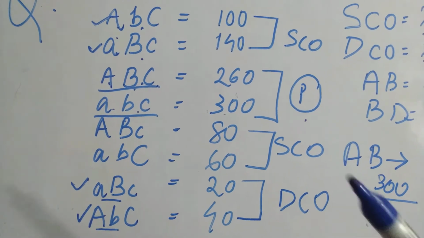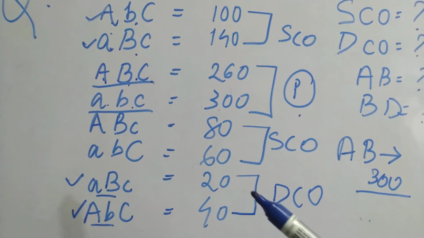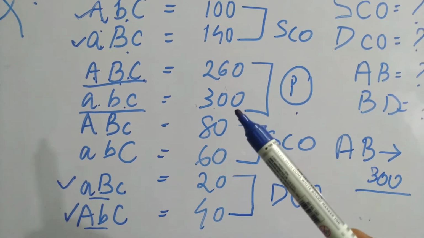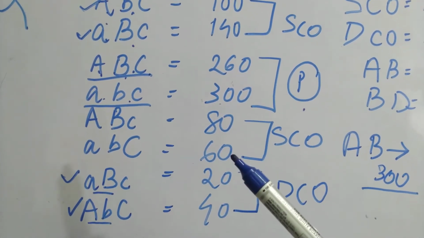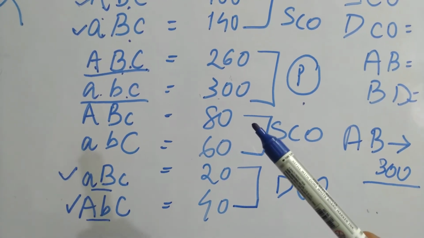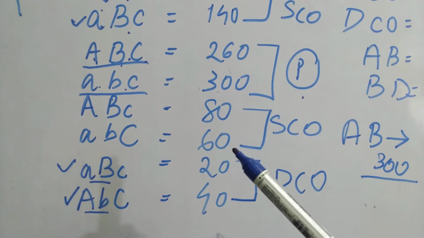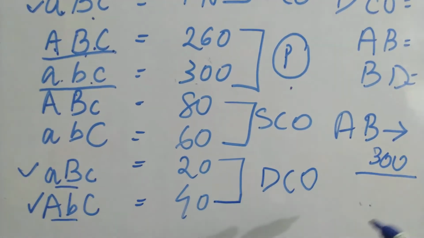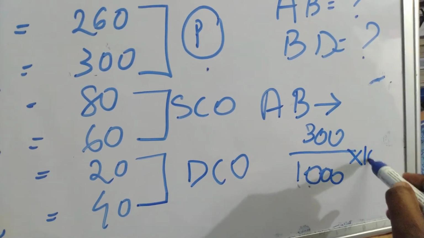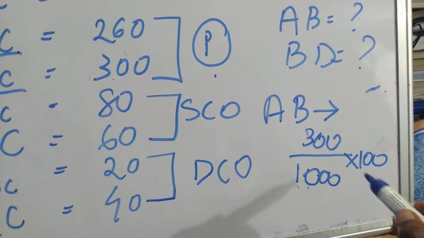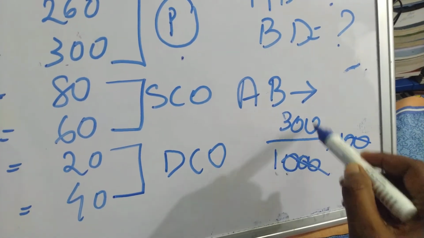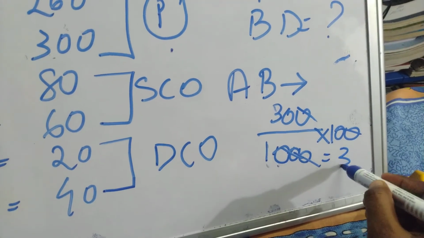If we sum up 100, 240, and that was 300, 560, 860, and 80, 940, and 60, that is 1000, into 100, that's equal to 30, right?